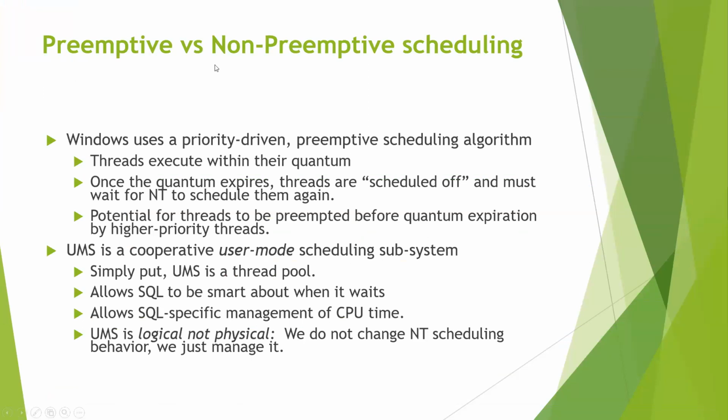Now, preemptive versus non-preemptive. Windows uses a priority driven and preemptive scheduling algorithm. It is preemptive because we follow the quantum behavior in Windows. You have a quantum of 4 milliseconds, and as soon as the 4 milliseconds quantum is completed, the thread comes out of the CPU preemptively.